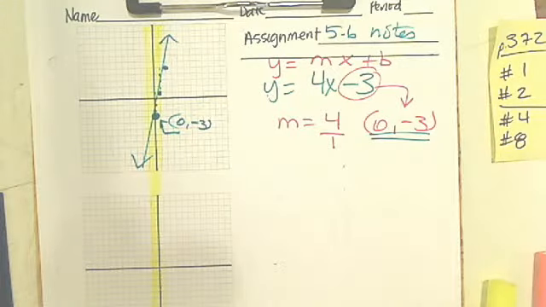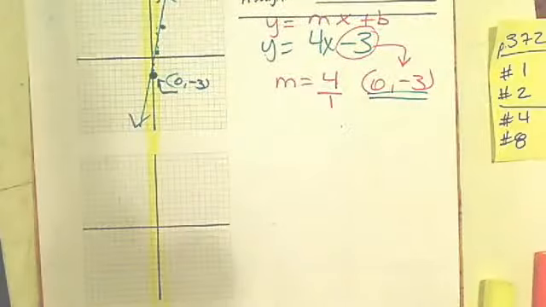Here's your graph. The slope tells you how to move. The b tells you where to start. No graphs, no tables are needed. You can do this. You'll be surprised how many of your friends will not know how to do this next year.